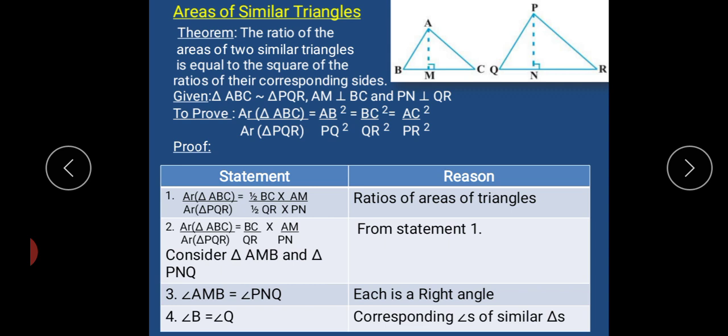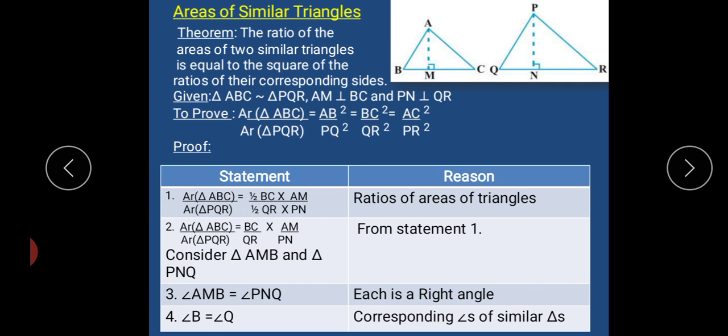We will select any one. We will select AMB and PNQ, and we'll try to prove them similar. First of all, each is a right angle. Angle AMB is equal to angle PNQ.